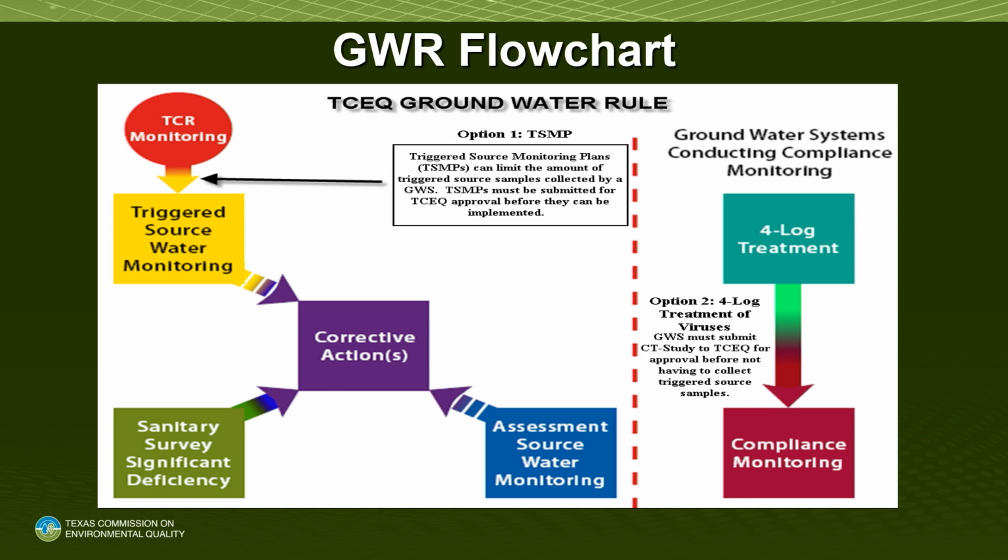In the middle where it says option 1, that is one of the options that you can use to try to reduce the amount of raw samples that you have to collect in a triggered event, which is a distribution positive that requires raw sampling at your wells. We're going to talk in depth about that coming up.